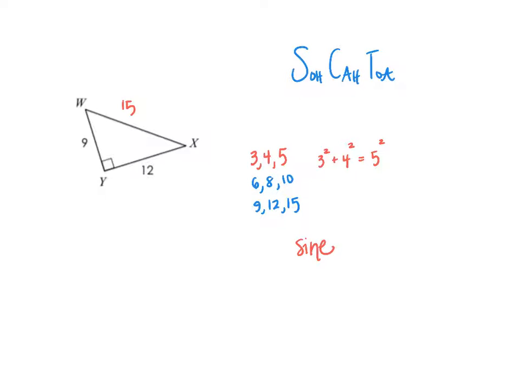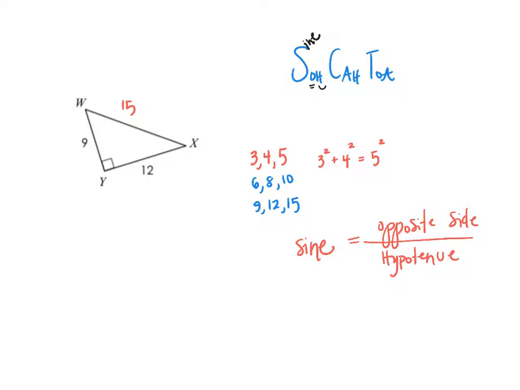But the definition of sine is the opposite side over the hypotenuse. So that's where right here we have this little mnemonic, and so think of this S as sine, and the O represents the opposite side, and the H represents the hypotenuse.